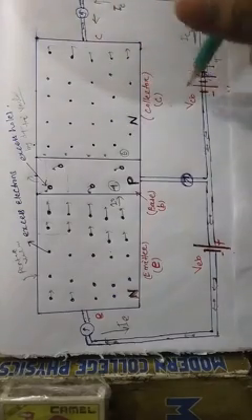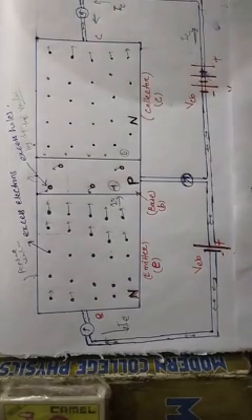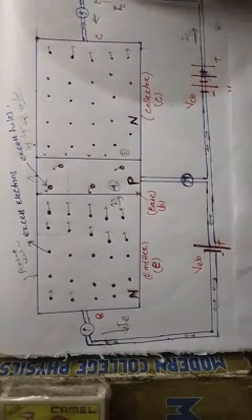Due to this positive bias, those electrons are dragged by the voltage, due to which we find IC in the circuit.